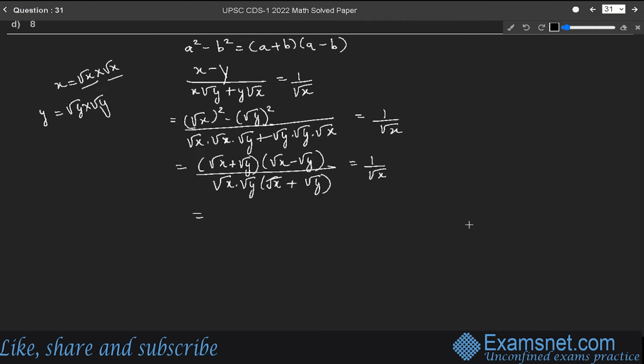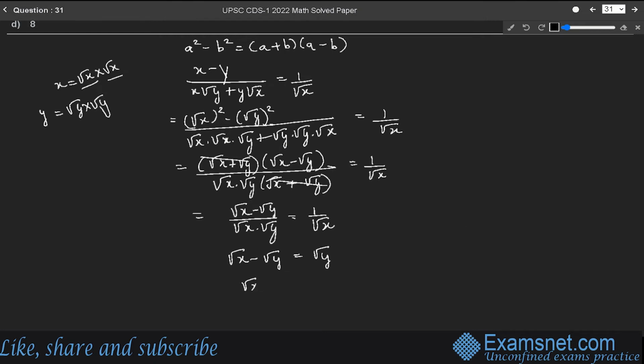Now further solving, it will be equal to root x minus root y upon root x into root y is equal to 1 upon root x, because these terms, root x plus root y and root x plus root y, will be cancelled. So it can be equal to root x minus root y is equal to root y.